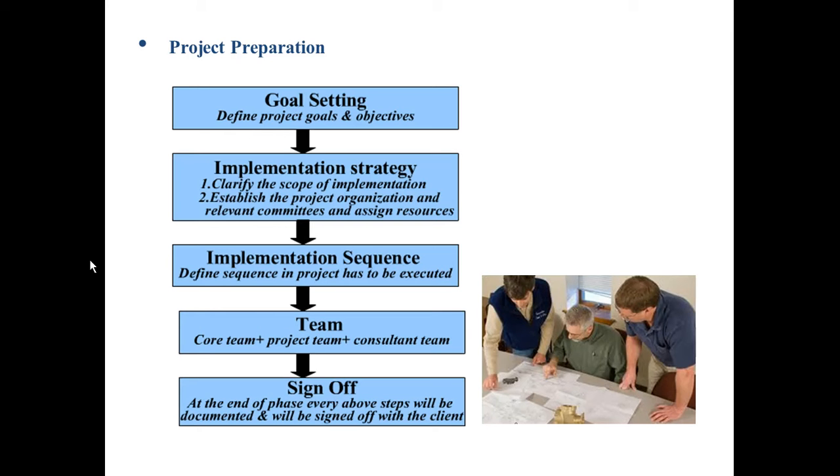After that, the implementation sequence: how we need to implement, and what systems need to be defined. In the IT industry, normally we have a landscape of three systems. One is your development system, where an IT consultant normally develops the product.